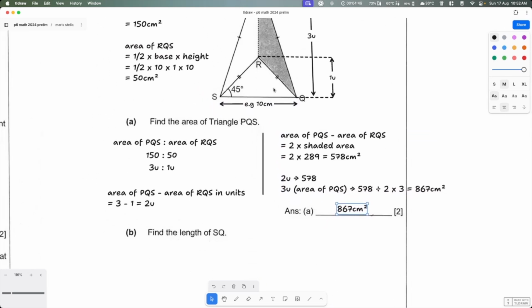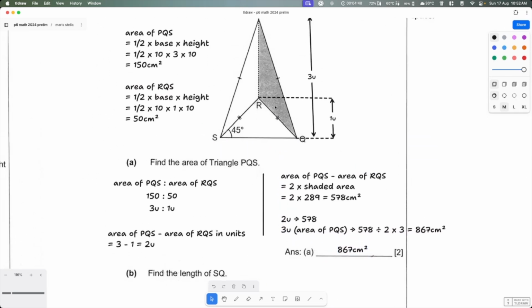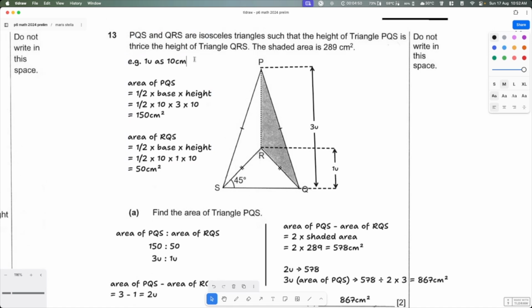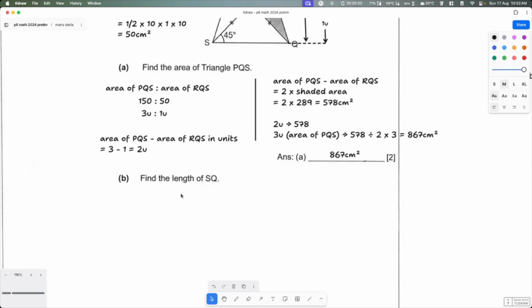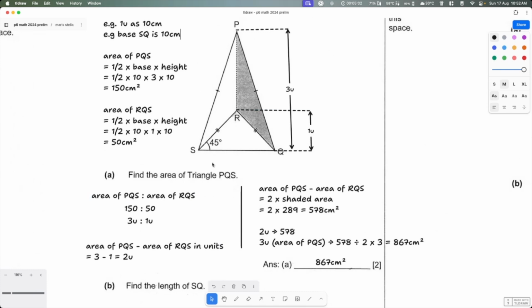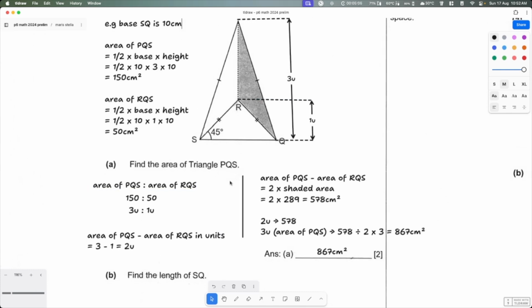Okay, so find the length of SQ. So for the example, base SQ is 10 centimeters. All right, so find the length of SQ. SQ is over here. We also know the area of the triangle.